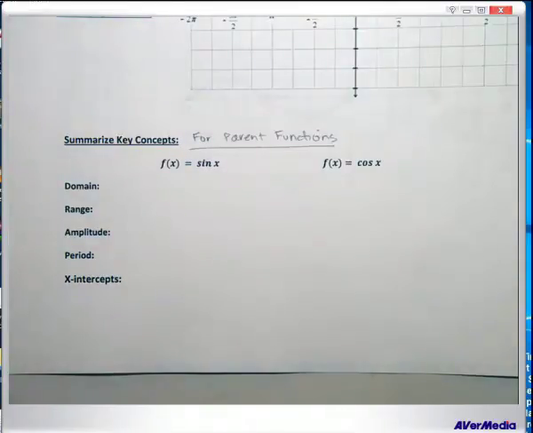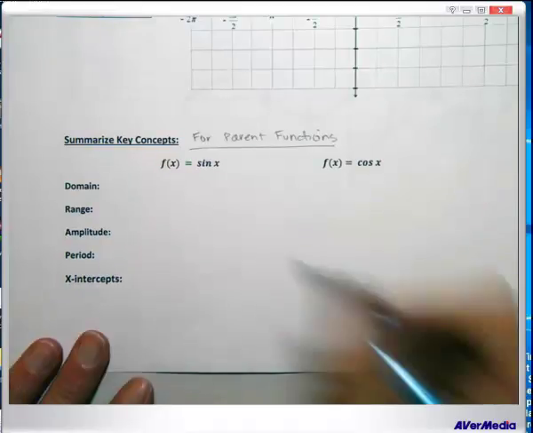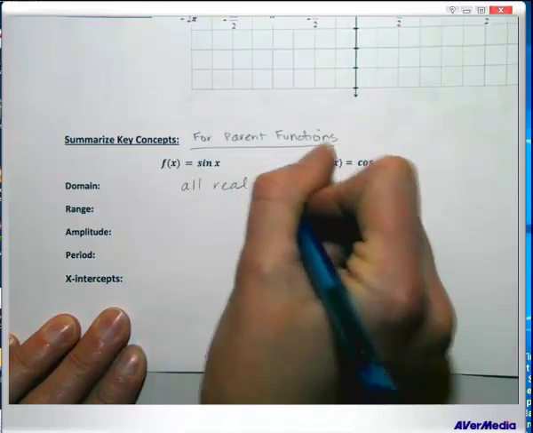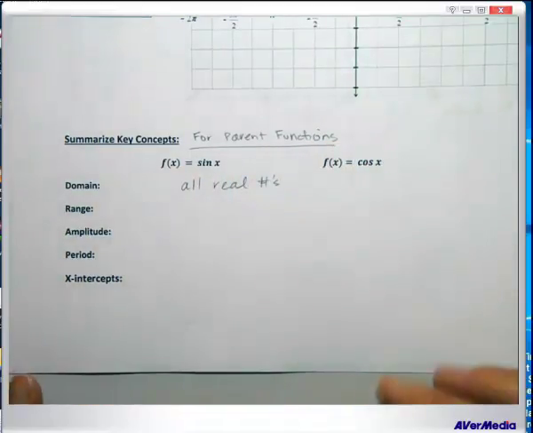We've done a whole bunch of vertical shifts. Okay? But for parent functions, the domain for sine and cosine is all real numbers. And that's for both, so I'm not going to write it down twice. So you can plug in any x value you want. We just generally are going to look at those quadrant angles, 0, pi over 2, and so on, because it's a little bit easier to work with.